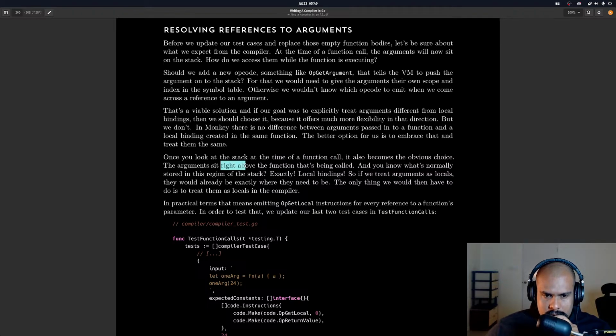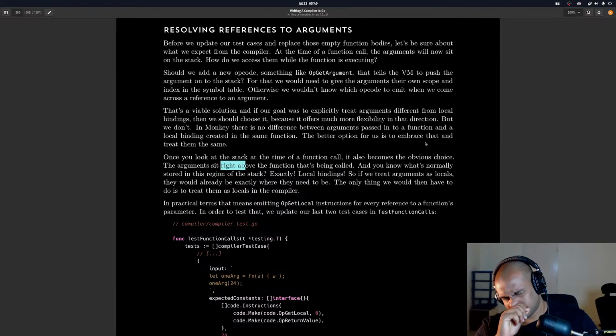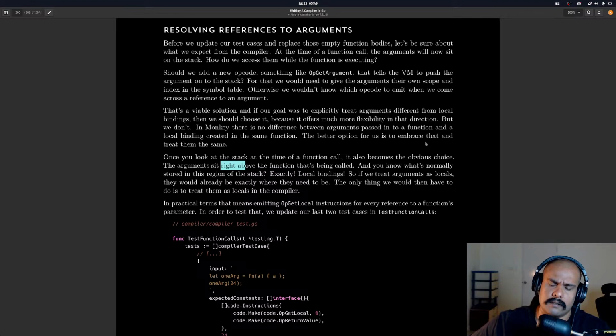The arguments sit right above the function that's being called, and in this region of the stack you know what's normally stored: local bindings. So they would have to come after the local bindings.